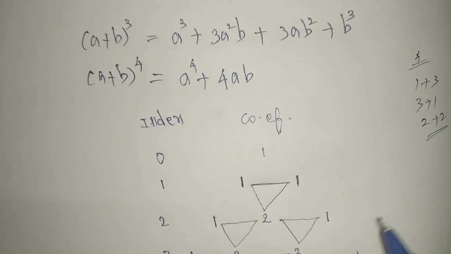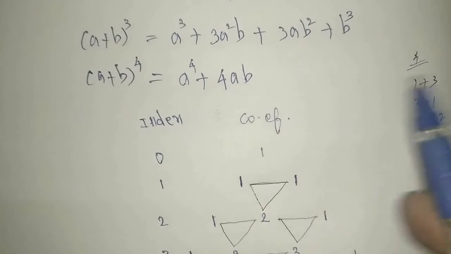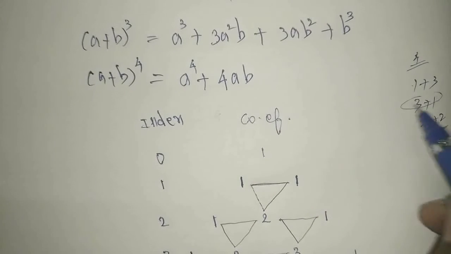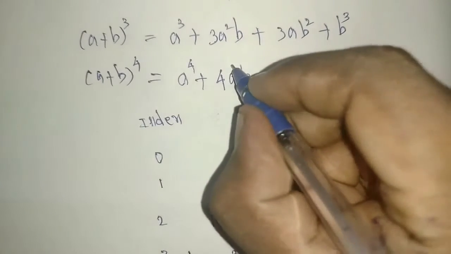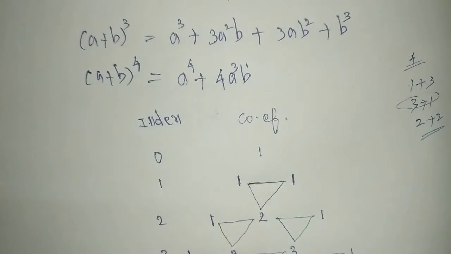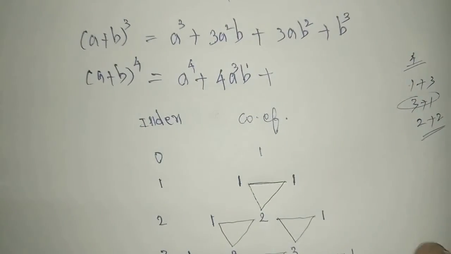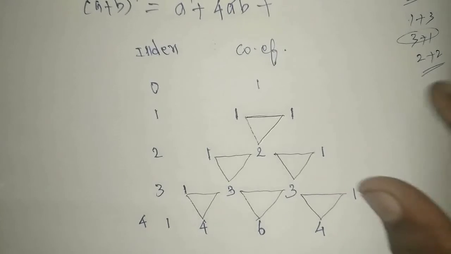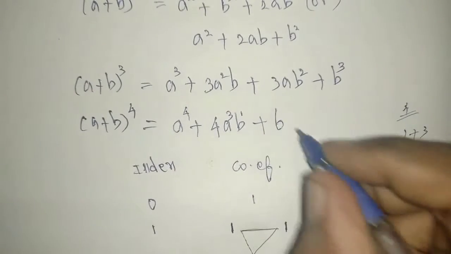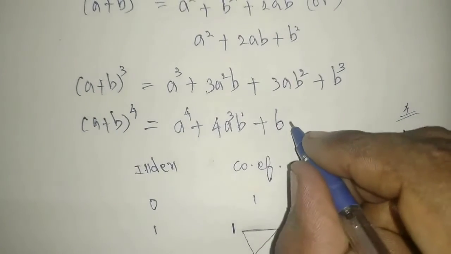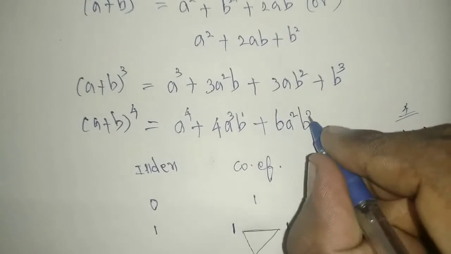So here, I'm going to give 1 plus 3 or 3 plus 1, anyone you can use. 3 and 1, if you are giving, a cube b power 1. Plus, next what we got is 6, this 2 2 like that. You have to give a square and b square.